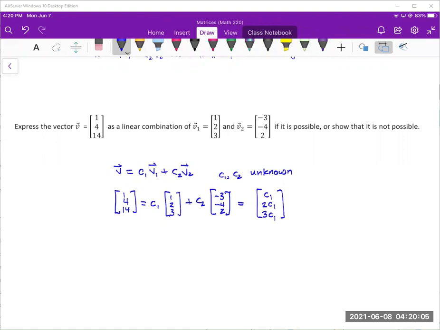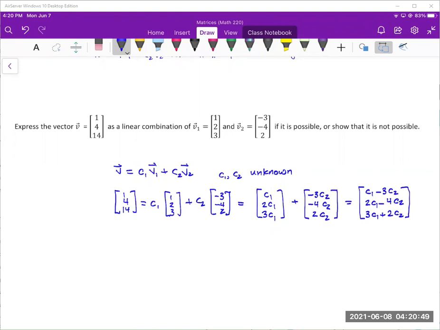If we wanted to scale the vector (-3, -4, 2) by this factor c2, we're going to multiply each term by c2. So we get -3c2, -4c2, and 2c2. And now we're able to term by term add these vectors together. And so we have c1 minus 3c2, 2c1 minus 4c2, and 3c1 plus 2c2.